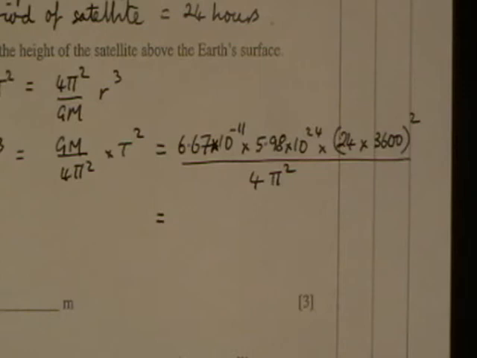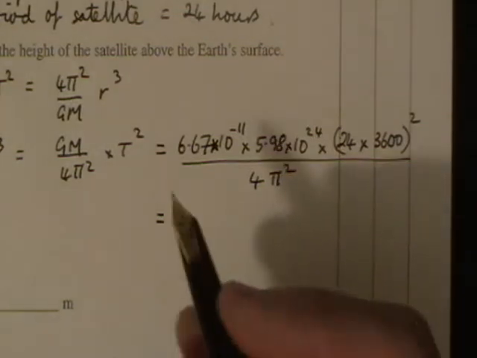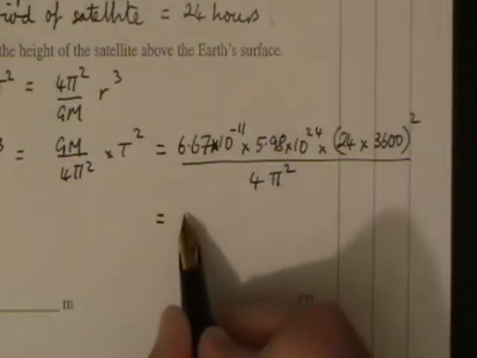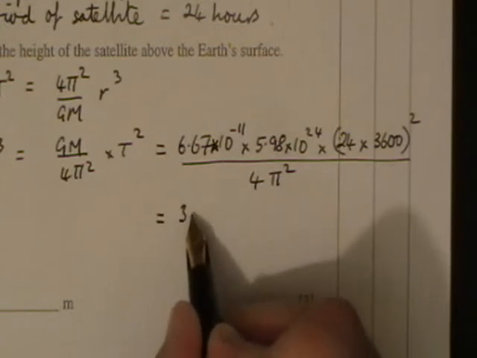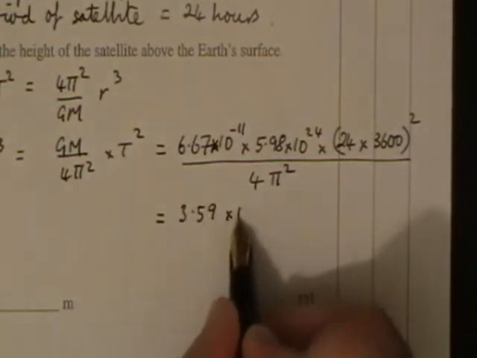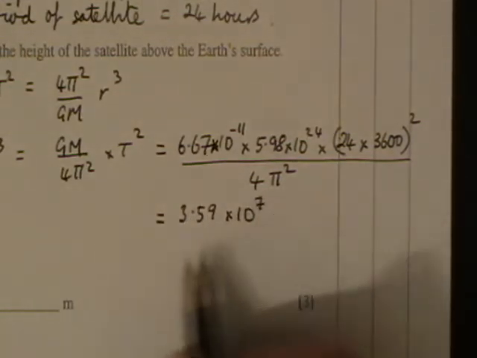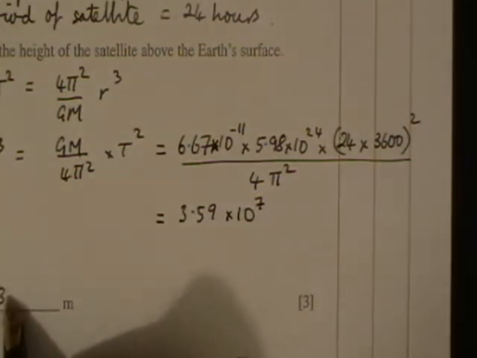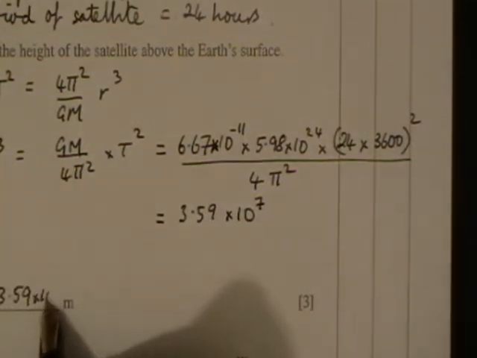Put those into your calculator and do the calculation, and that gives us that the height is 3.59 times 10 to the 7 meters.